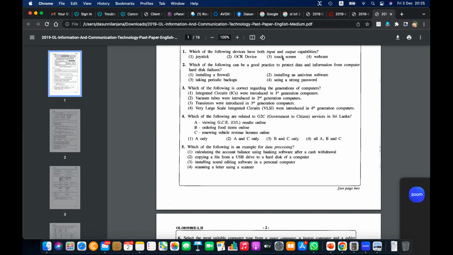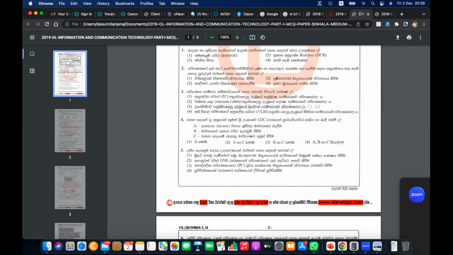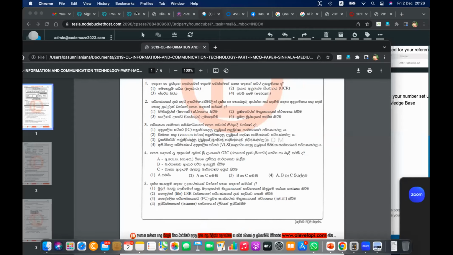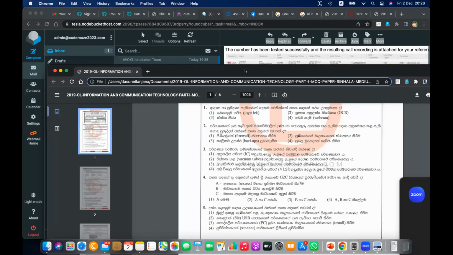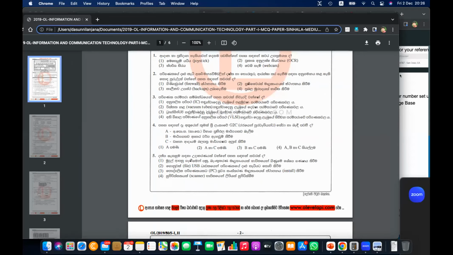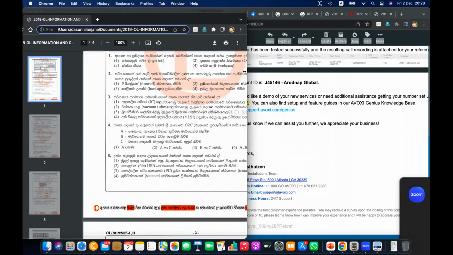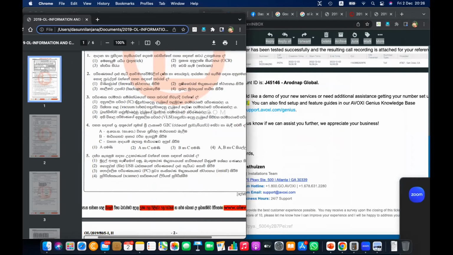Then think alone and give the answers for the next set of questions, question numbers 1 to 5. If you need Sinhala medium and English medium both, let me take that onto two screens. If there are any students doing Sinhala medium, you can go to that.